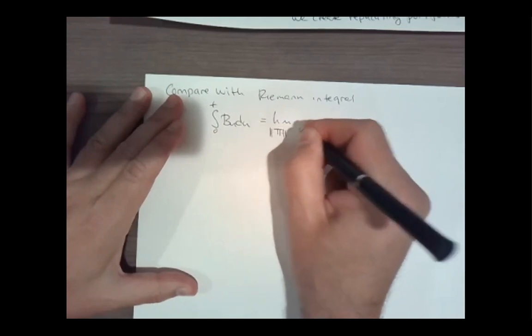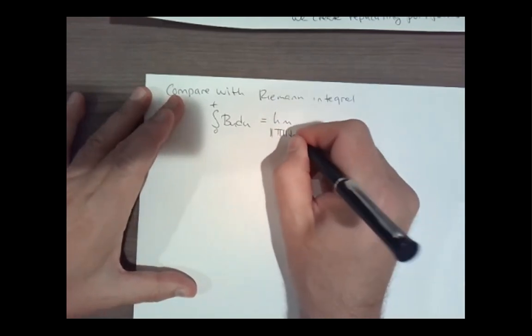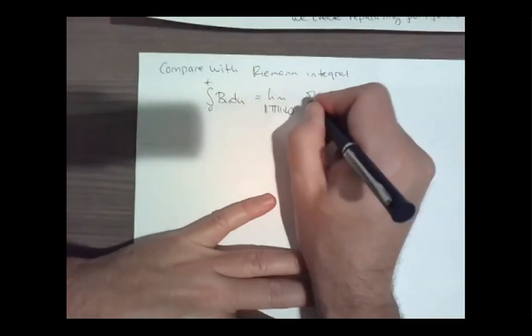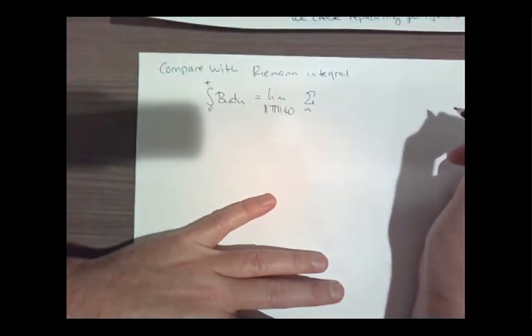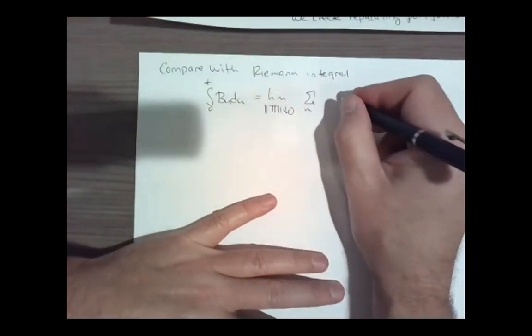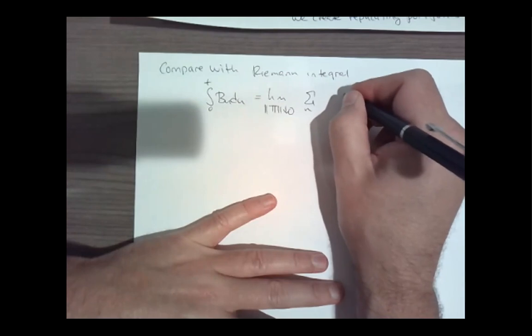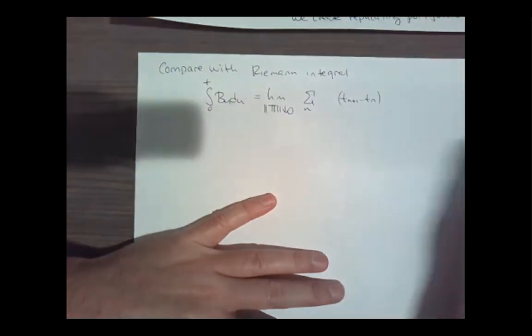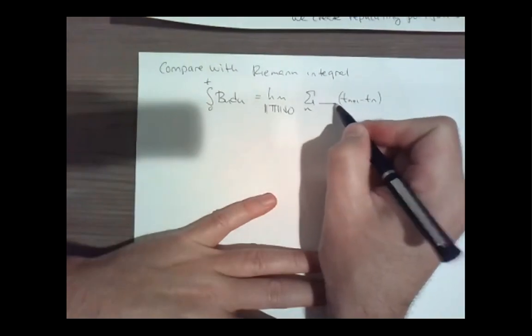We had that last time, so let's use the same notation. I'll take the mesh to go to 0, and I would be summing here over some n's, and what would I have? I would have a time step, t_{n+1} minus t_n. And so what should I put here?